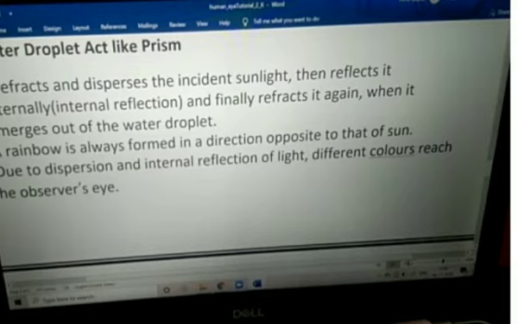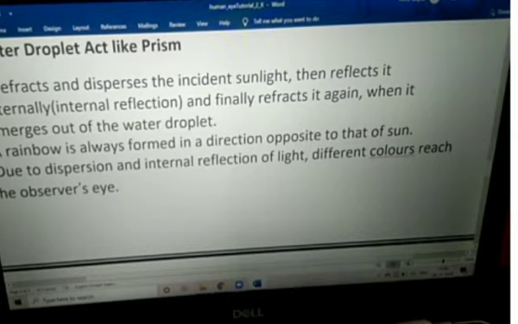One is refraction, then internal reflection, and the last but not least is dispersion. During rainbow formation, rain droplets acting as a prism refract and disperse the incident sunlight, then reflect it internally and finally refract it again when it emerges out of the water droplets. A rainbow is always formed in a direction which is opposite to that of the sun.